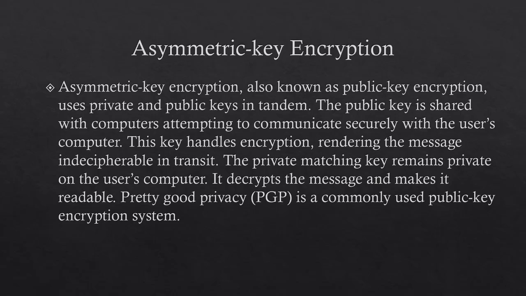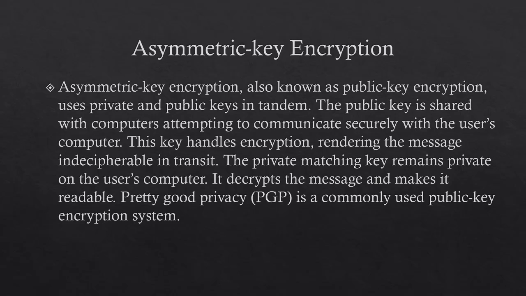Second, the private key. The private key is used to decrypt the data. The private matching key remains private on the user's computer. It decrypts the message and makes it readable. PGP, Pretty Good Privacy, is a commonly used public key encryption system.